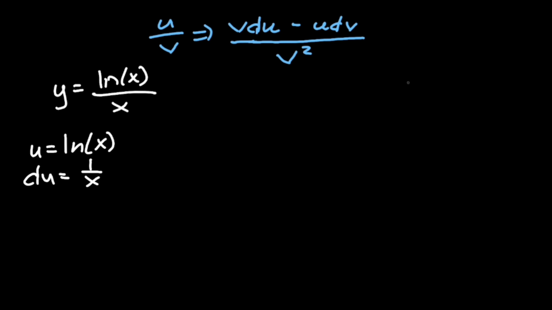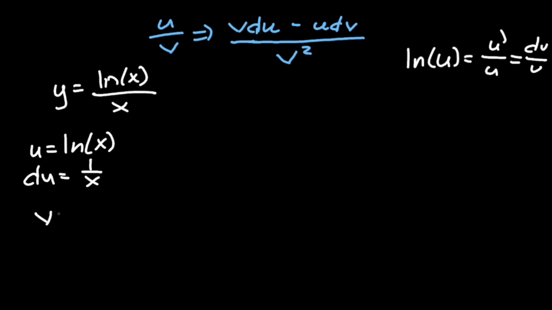The formula for finding derivatives of natural logarithms is as follows: the derivative of ln of u is equal to u prime over u, or du over u. And since our u here is x, the derivative of x is 1. So it will be 1 over x.